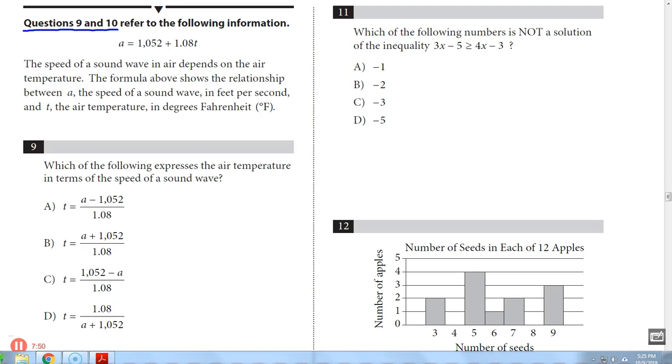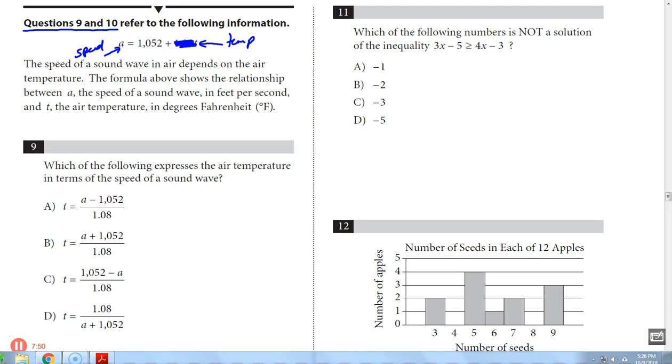A is speed, and T is temperature. Looking at the equation, when the temperature is 0, if I cover up T, this would disappear. It looks like sound travels at 1,052 feet per second if T was 0.